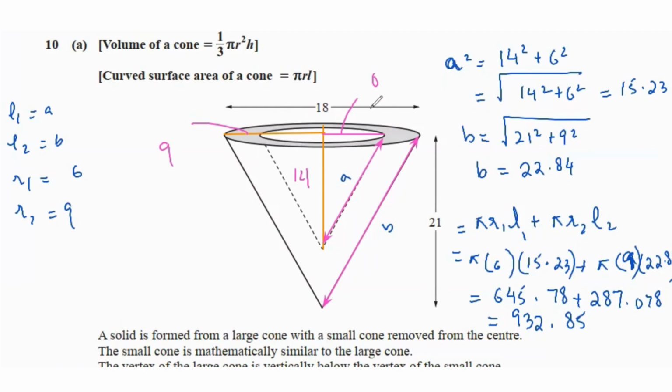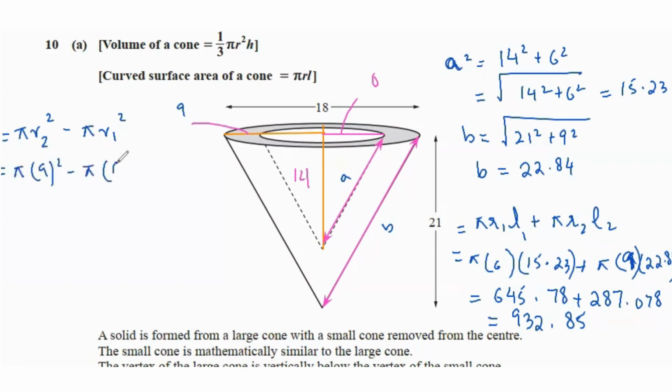So we're subtracting the smaller circle from the bigger circle. So for that, I'm going to do pi R2 square minus pi R1 square. That's going to be pi times 9 square minus pi times 6 square. That's 254.47 minus 113.097.